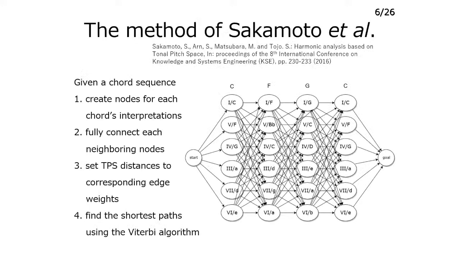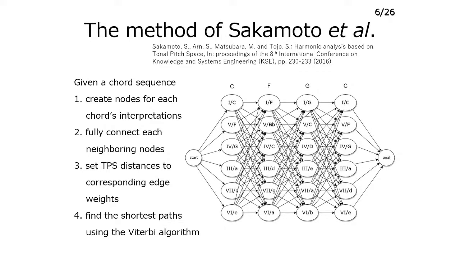TPS only defines the distances of the pairs of chord interpretations, and there has been proposed a method to find the most plausible interpretation path for a given chord sequence by Sakamoto et al. The process is as follows. Given a chord sequence, first create nodes for each chord's interpretations.